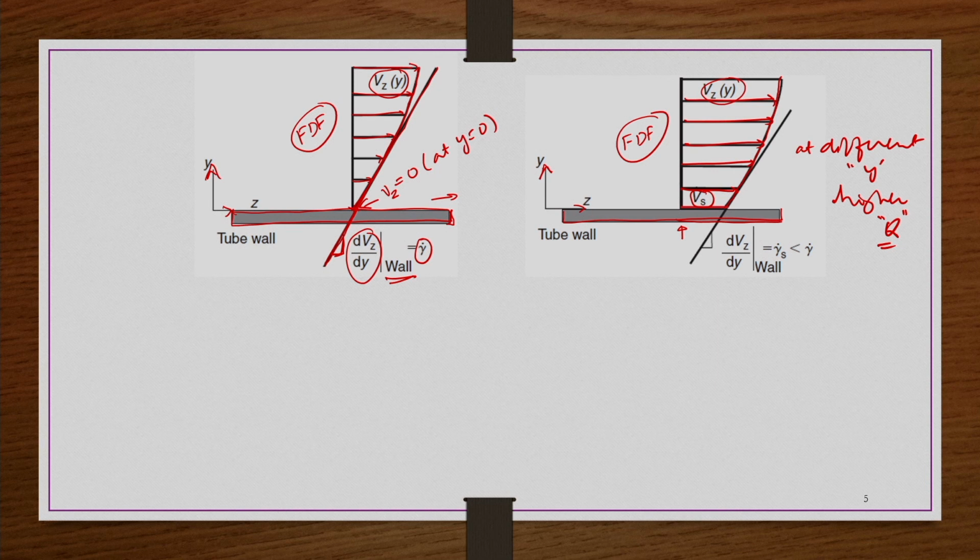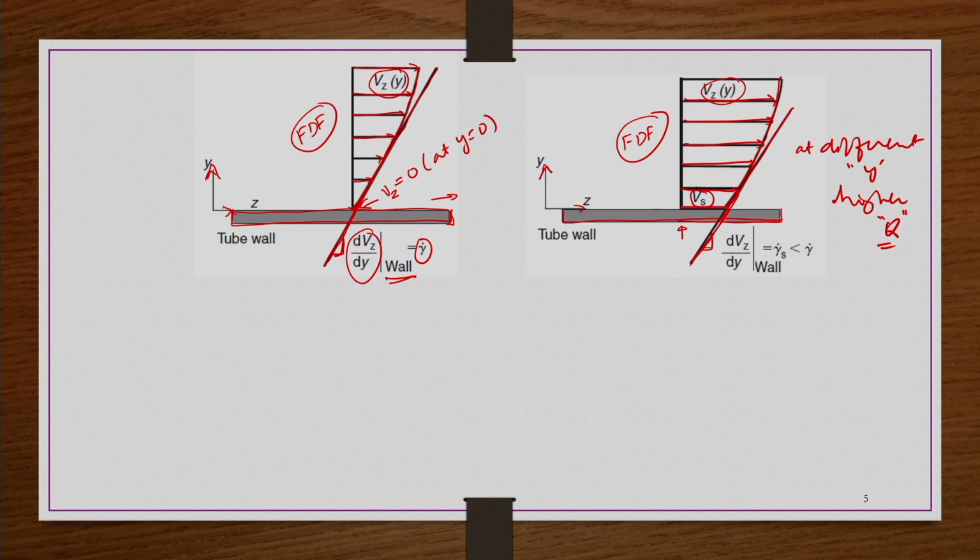Okay. And then if you wanted to know the shear rate at the wall, at this point you have to draw the tangent again in a similar way, right. Then the slope of the tangent you are drawing at the wall to that velocity profile will be smaller than the slope in the case of no slip condition.